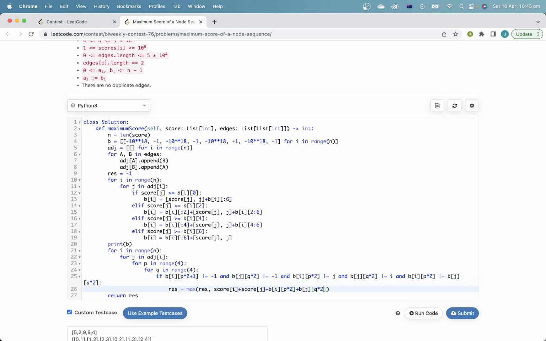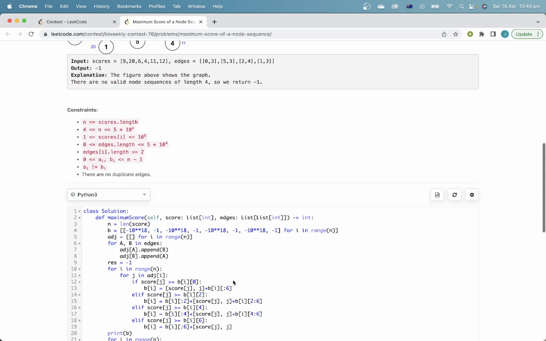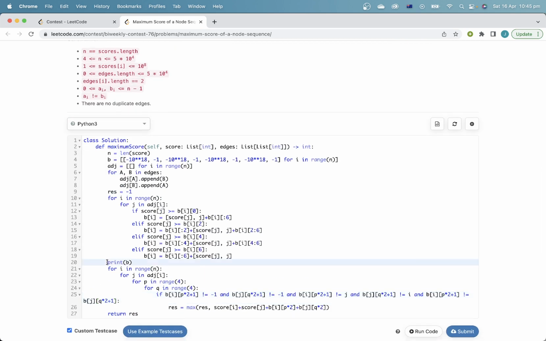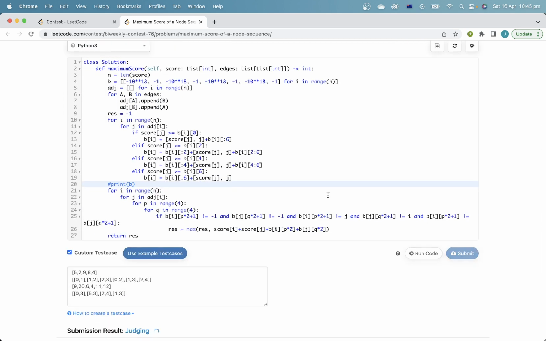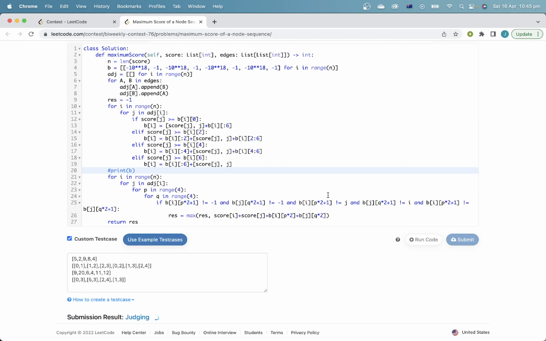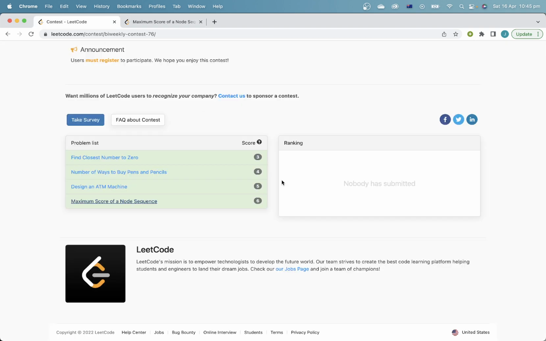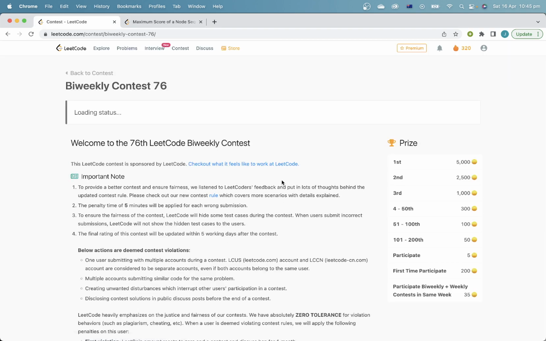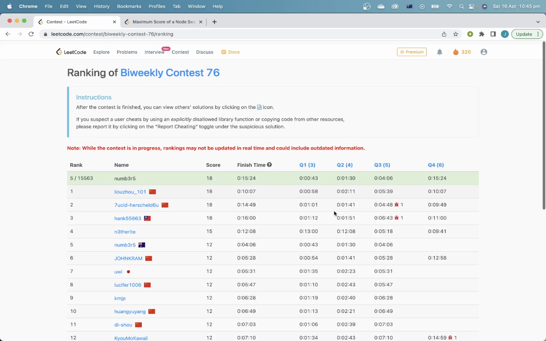I have to find my thing the wrong way around. I need plus ones here. Alright. 24, -1. Don't TLE. Okay, thank you. I was very worried about Python right there. Let's have a look.